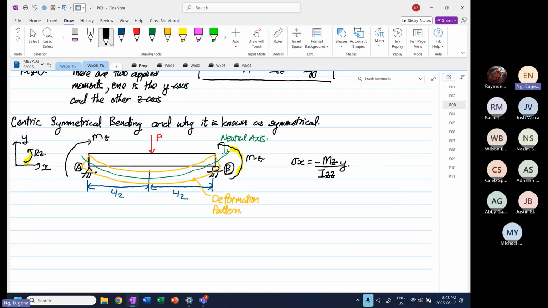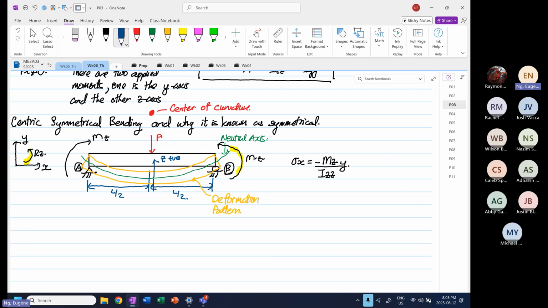So if we were to look at how the structure is deformed, there's a red dot down here. The red dot down here represents the center of curvature. Why is this important? Because pointing towards the center of curvature, Z is positive.